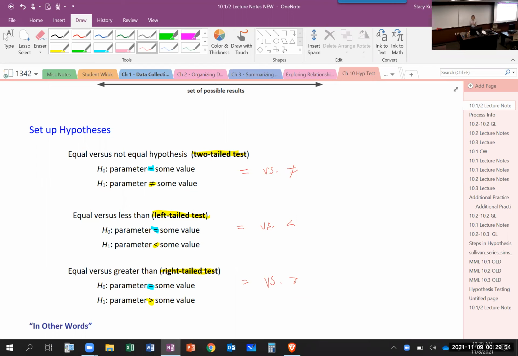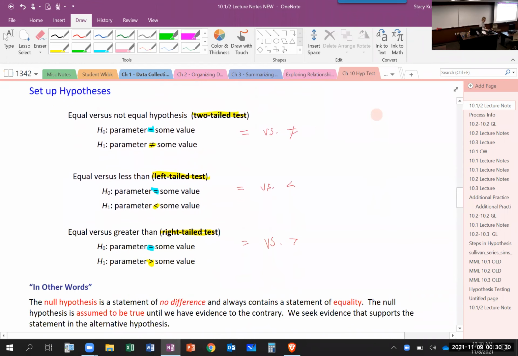The tails, remember how we said that something is unusual if it happens less than 5% of the time? What we're talking about with these tests is where that 5% is falling. If it's a single tail, meaning a left or right tail test, then the 5% unusualness falls in a single tail, everything either above my value or everything below my value. In a two-tailed test, the unusualness gets split between the two tails.